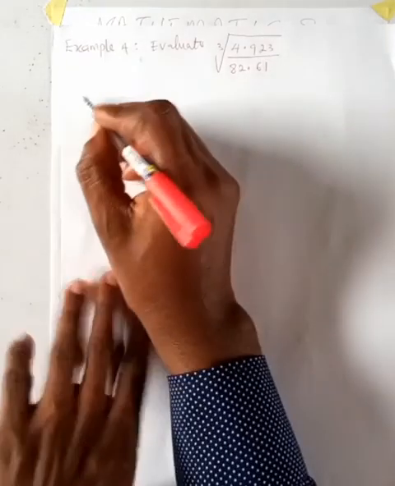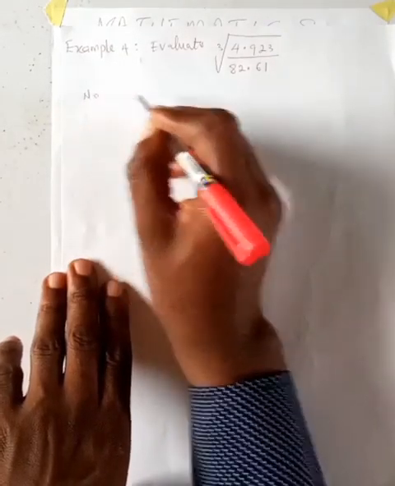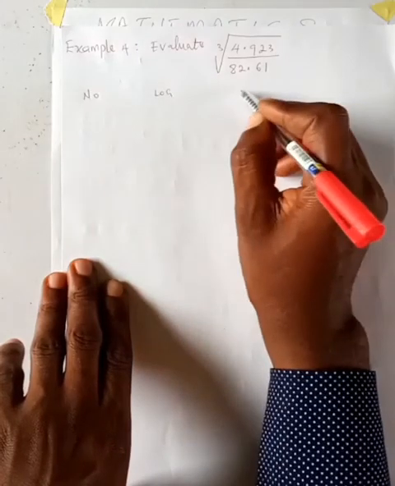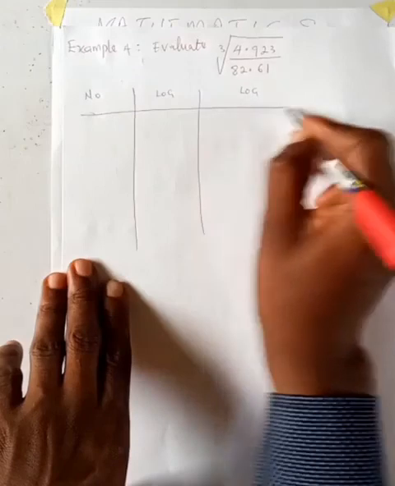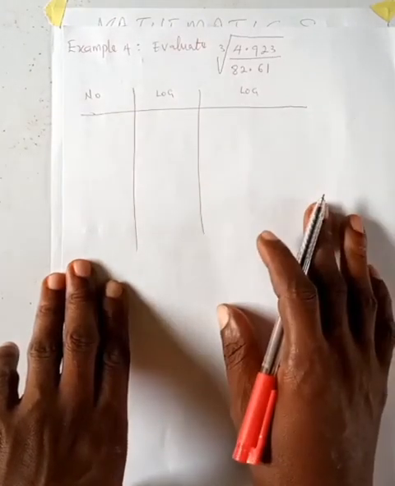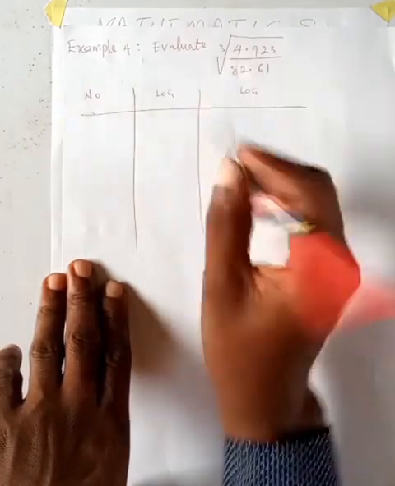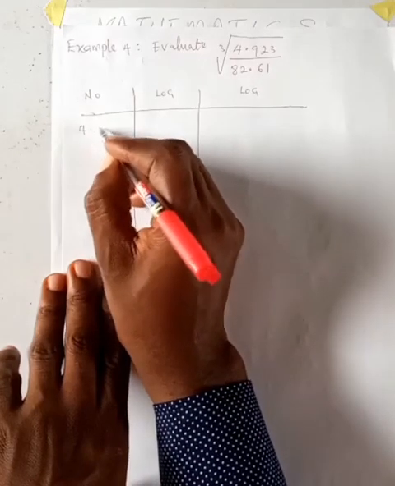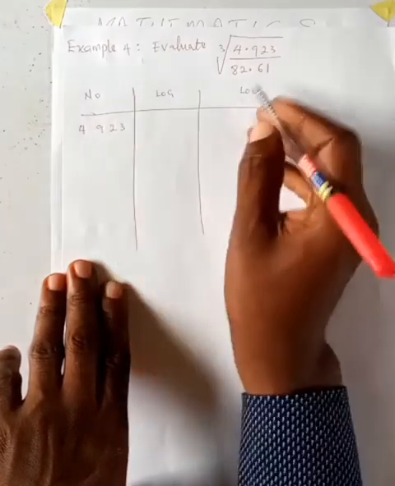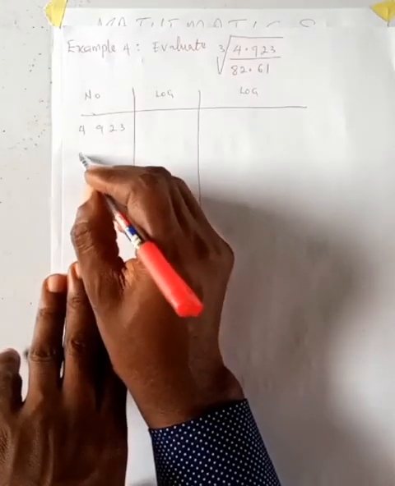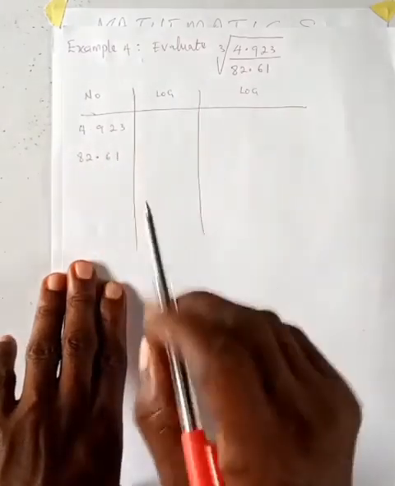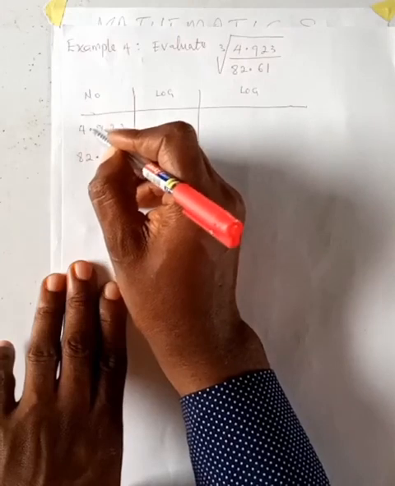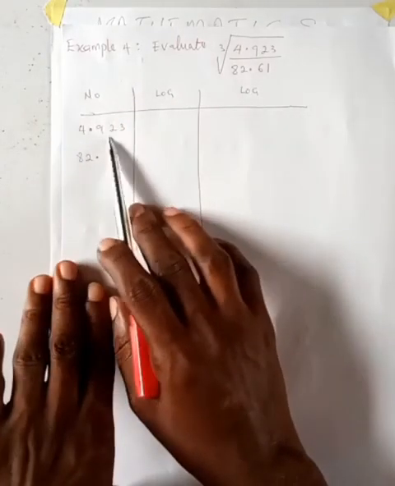So solving this one, the solution, so number log. So the first number I have is 4.923 and the second number I have is 82.61. So we can see this is the case of logarithm of number greater than 1.